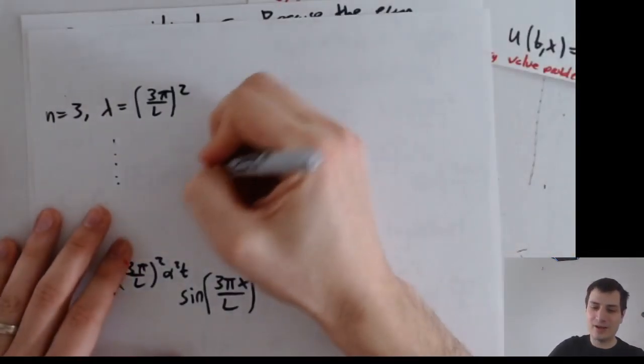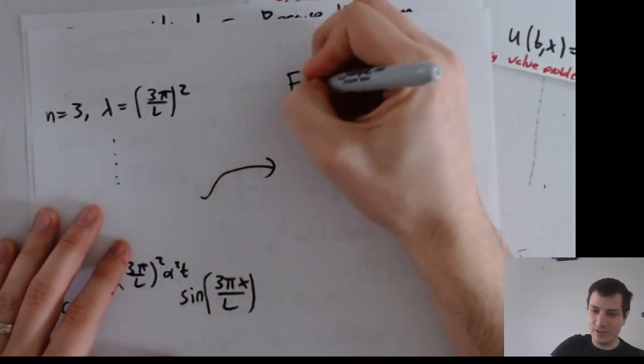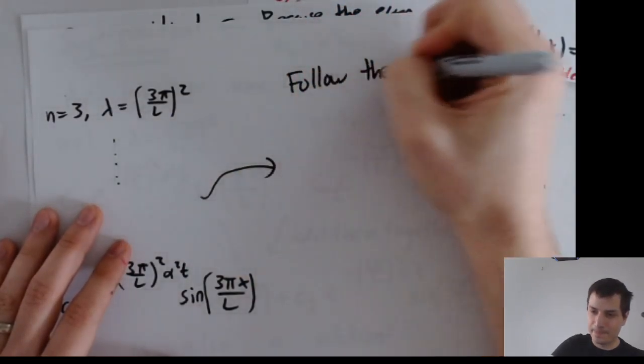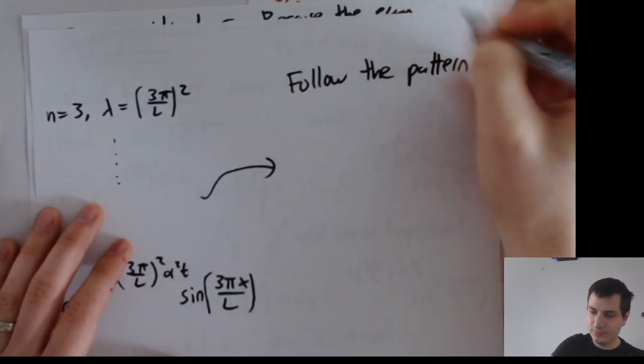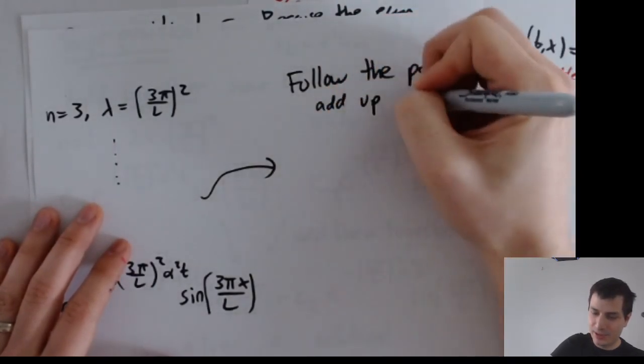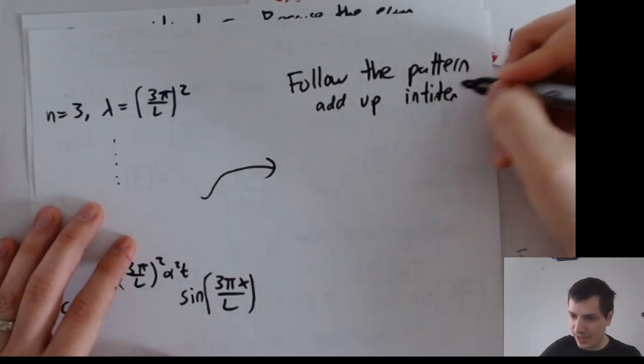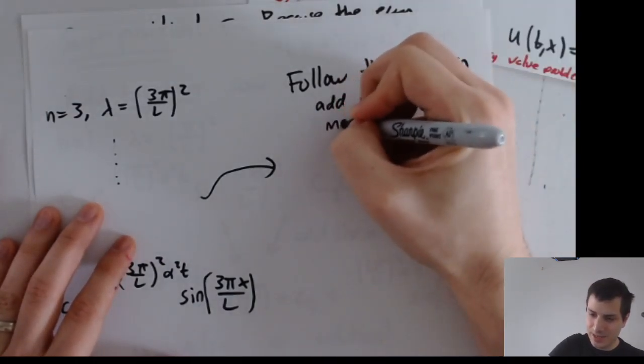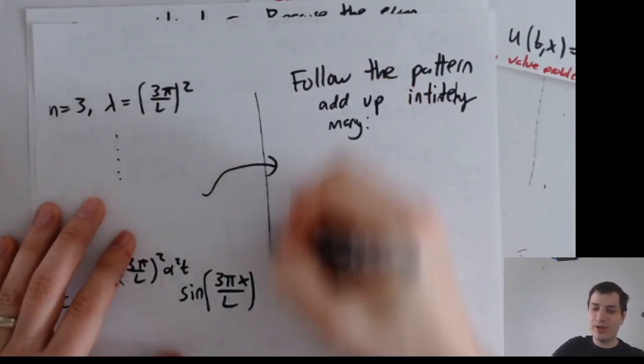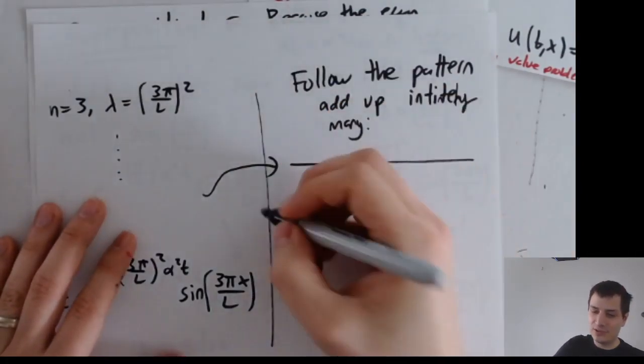If you follow the pattern, and you add up infinitely many, how should you write down infinitely many things? You're going to have to use an infinite sum.